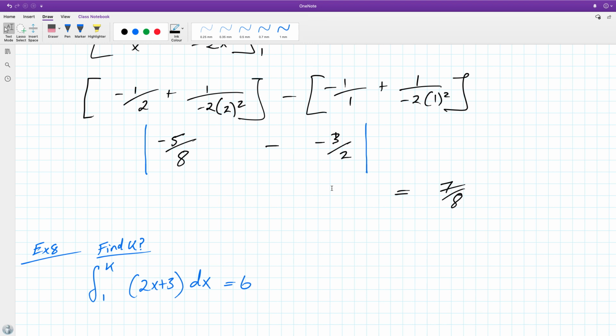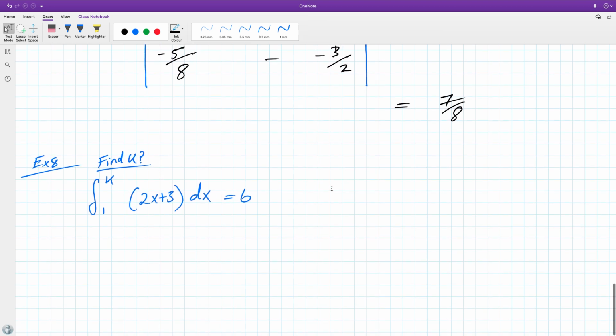So you're integrating as normal, you're subbing in k, you're taking away your 1, but you know your answer is 6. Find the value for k. Right, let's have a little look at it.